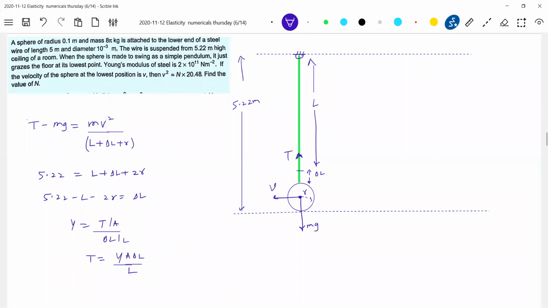Now I know delta L from the previous equation. Agree? Then I'll substitute delta L and I'll get the tension. Then I'll solve here and get the expression for V.